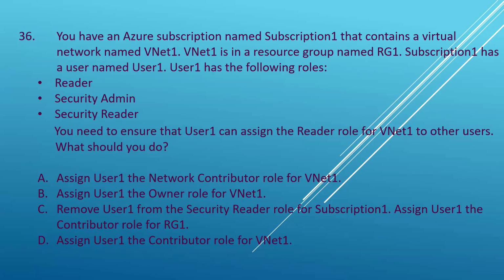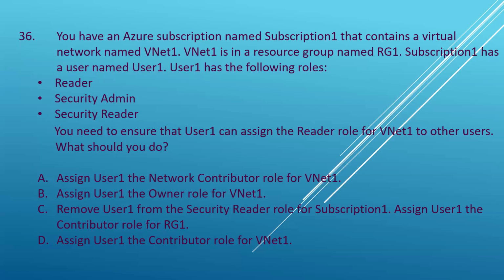What should you do? Your options are: assign User1 the network contributor role for VNet1, assign User1 the owner role for VNet1, remove User1 from the security reader role for Subscription 1, assign User1 the contributor role for RG1, assign User1 the contributor role for VNet1.